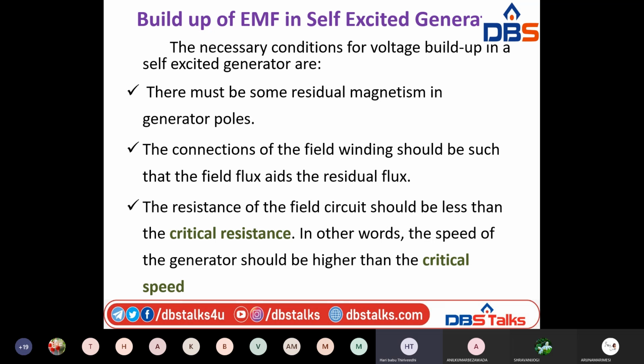Hence more EMF is induced, and this further drives more current through the field to produce more flux, and this process is continuous. That is nothing but cumulative. This process is cumulative and continuous till the rated voltage gets built up. This is the main reason for the build-up of the EMF, right?